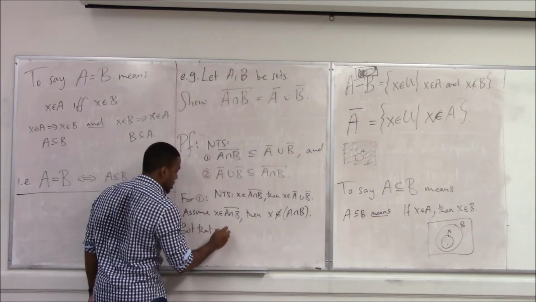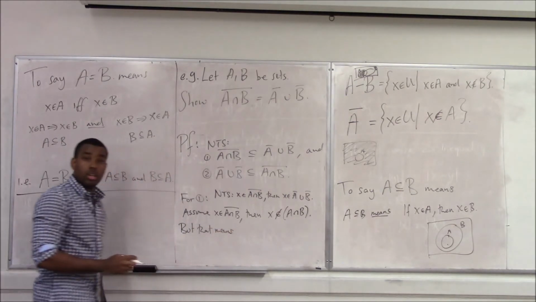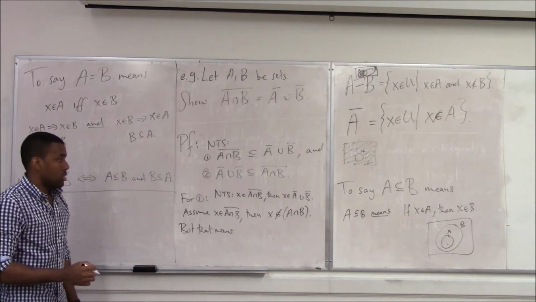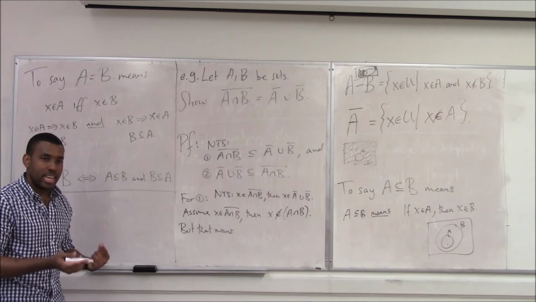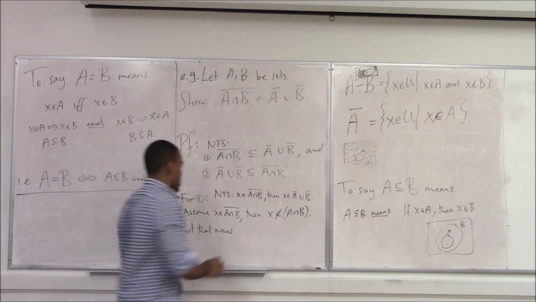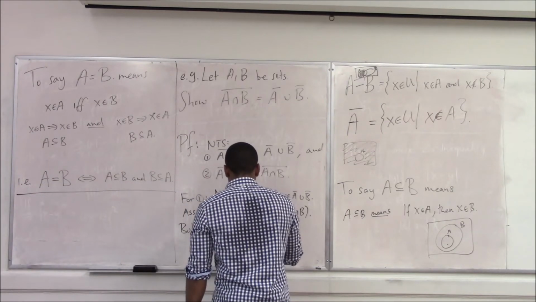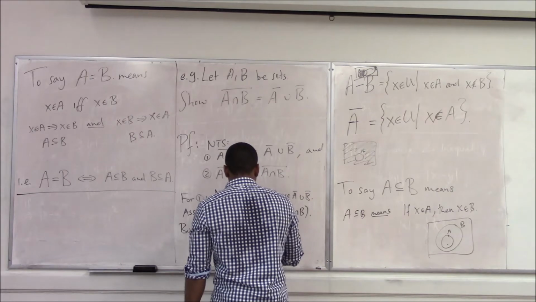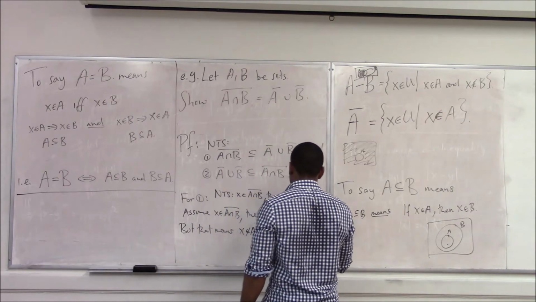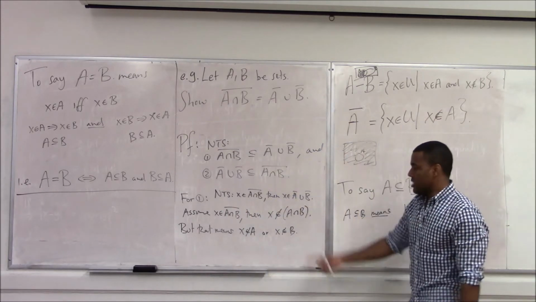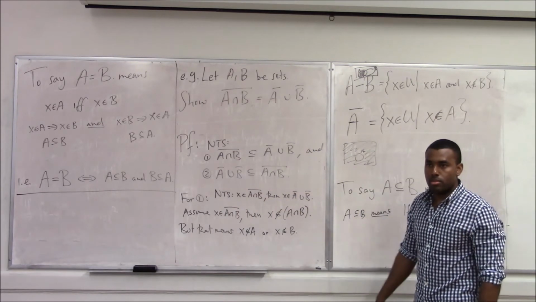Either not in A or not in B. You have to be not in at least one of them. So this means that X is not in A or X is not in B. Why? Because the negation of that would be false, right?